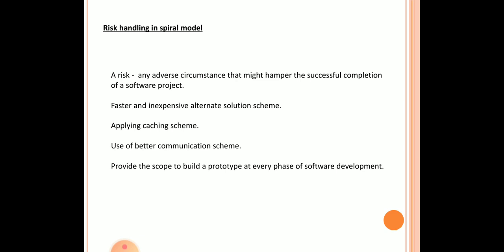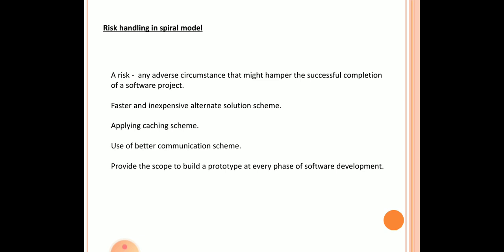What is a risk? A risk is any adverse circumstance that might hamper the successful completion of a software project. So any adverse situation throughout the development of a software can be considered as a risk. For example, a slow data access rate from a remote database could be a risk in such software.